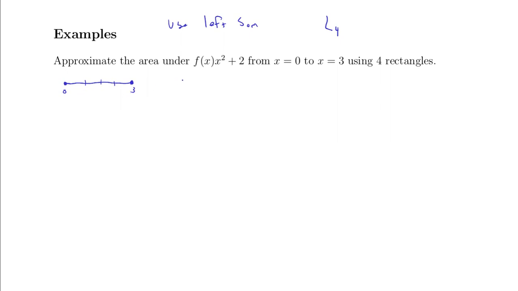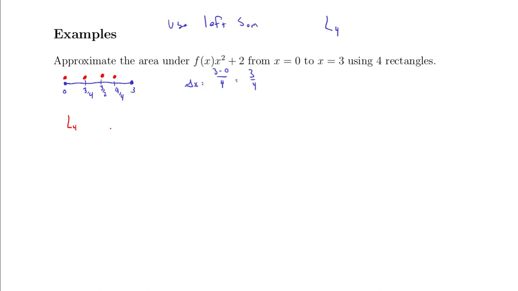We're going to split it into a bunch of spots here. We know that the width, delta x, is going to be the total width divided by the number of rectangles. So it's 3/4. So our first value here is 3/4, and then we had 3/2, and then we had 9/4. And again, for our left sum, we're picking the leftmost x value from each of these.